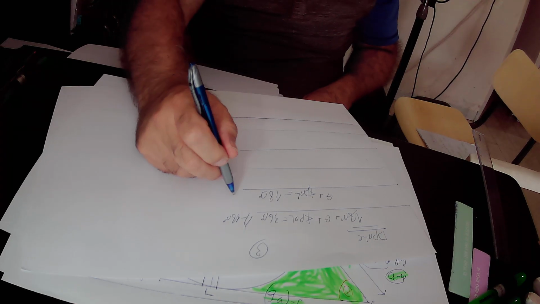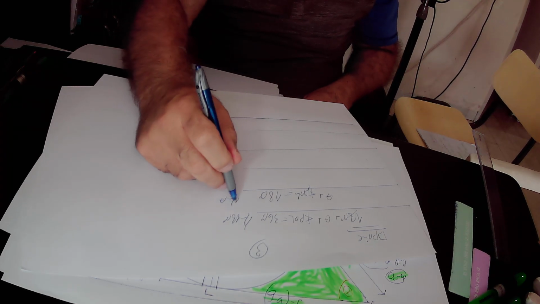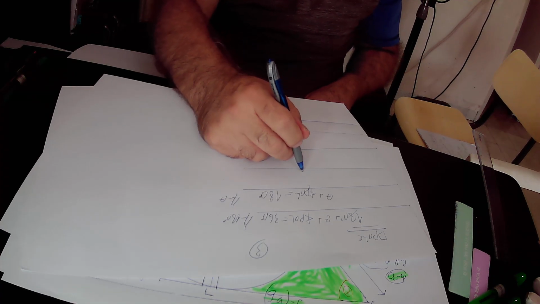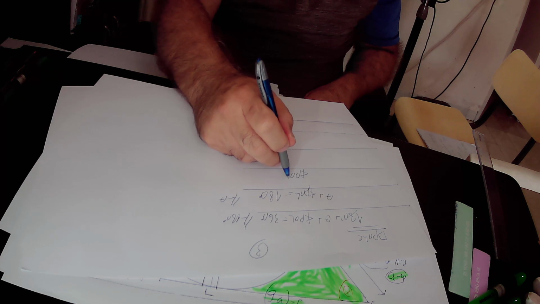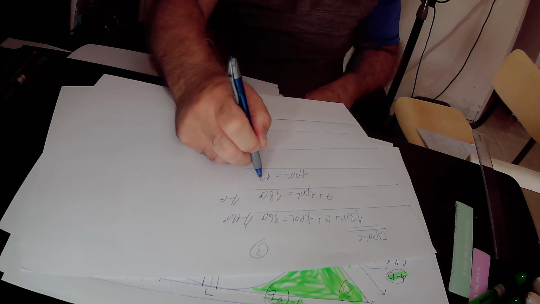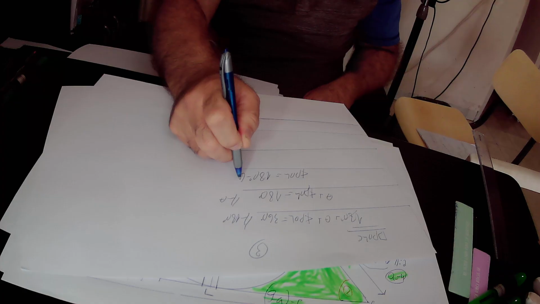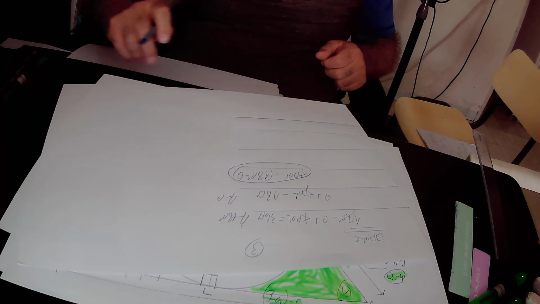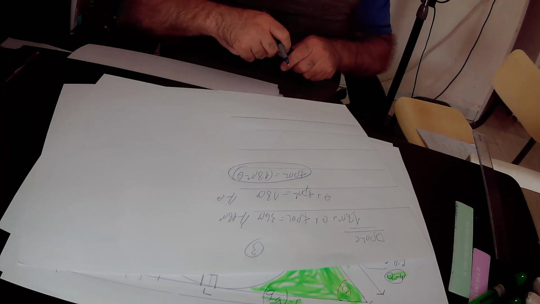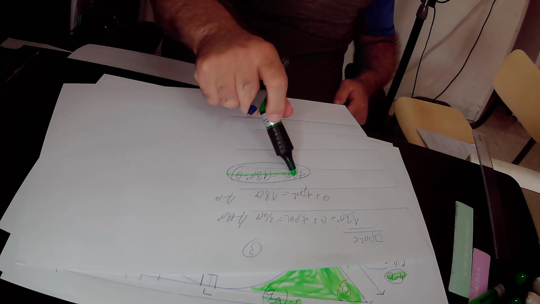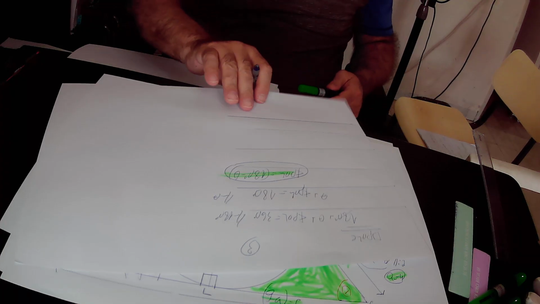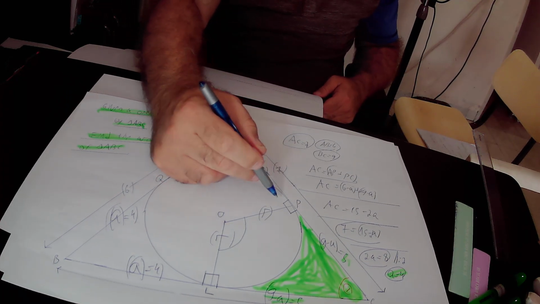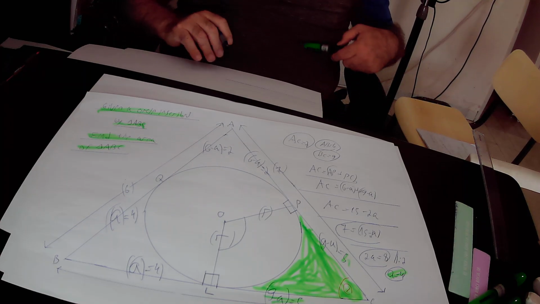Here we subtract theta and finally we get that the missing angle POL is equal to 180 degrees minus theta.